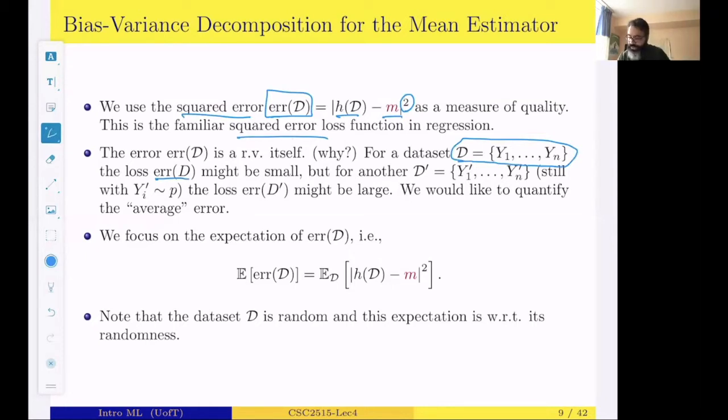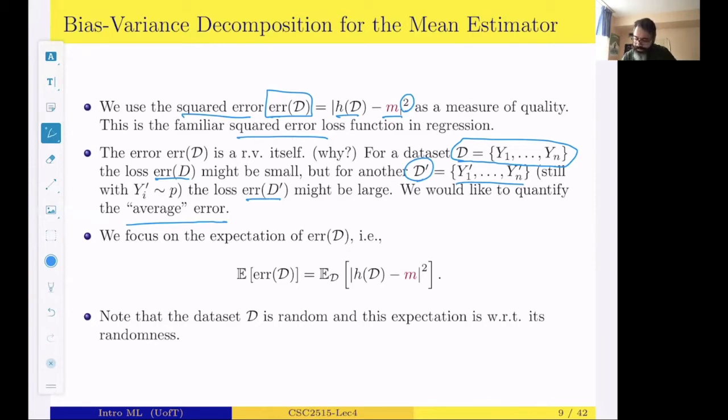But suppose we get another data set, from the same distribution but a different independent set of samples. The error of D prime might be large. So what we now want to do is talk about the average error, where the average is over all possible draws of that data set D.